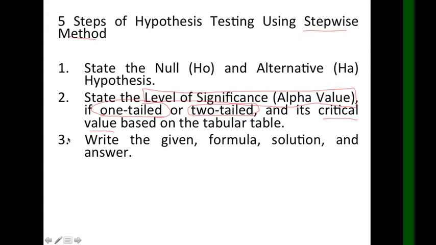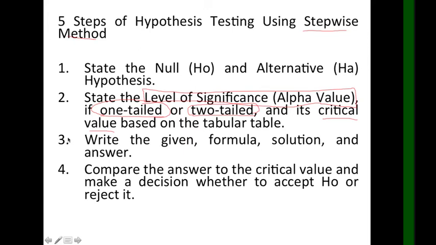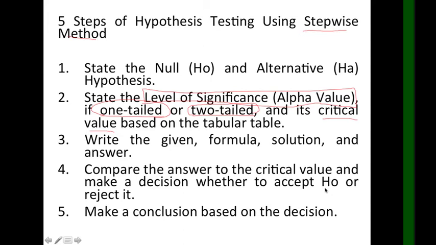So, depende doon. Then number 4, compare the answer to the critical value. Once you have your answer, compare it to the critical value that you got in number 2 and make a decision whether to accept or reject the null hypothesis. And finally, make a conclusion based on the decision.